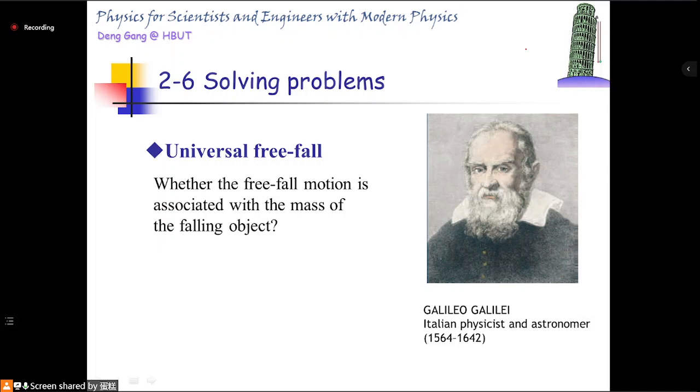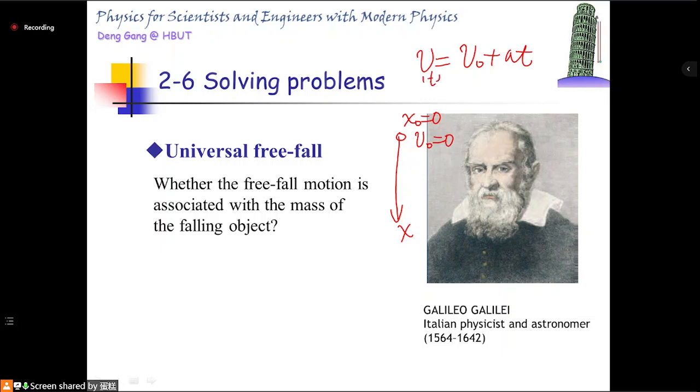So let's choose this as the x direction, and originally at here x0 is equal to 0, and we release this object, it will fall, and v0 is also 0. According to our equations, v should be equal to v0 plus at.